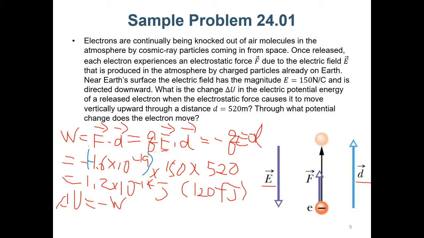I forgot this one here. The q should be negative, and here is another negative sign, so this is positive here. And here should be minus 1.2, 120 femtojoule.